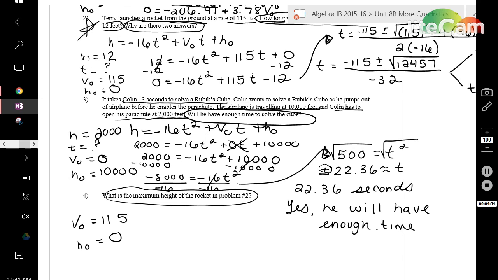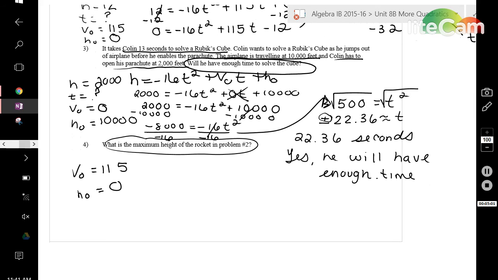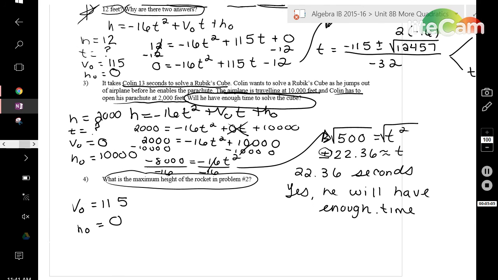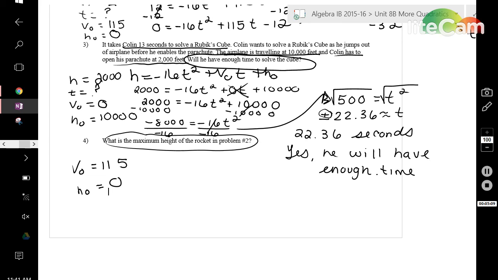Now, the question might come up: in number 2, we used h was 12. Do I use h is 12 for number 4? And the answer is no. Number 2 is specifically asking for a time at 12 feet. Number 4 is not asking for a height at 12 feet. It wants to know the maximum height, and that height we do not know.